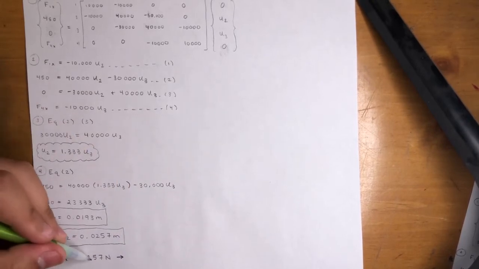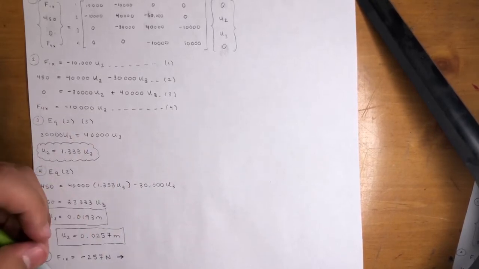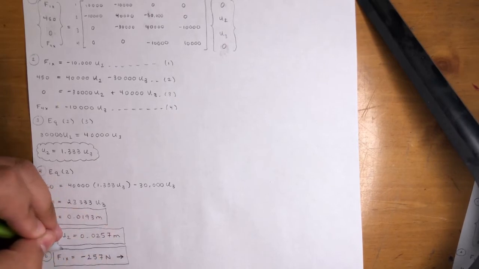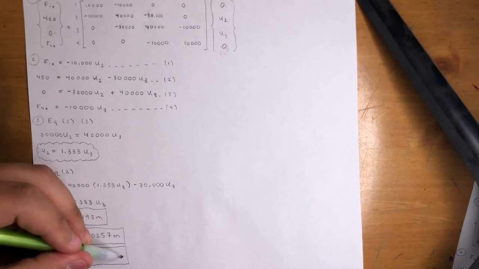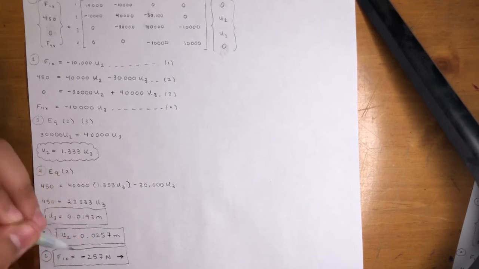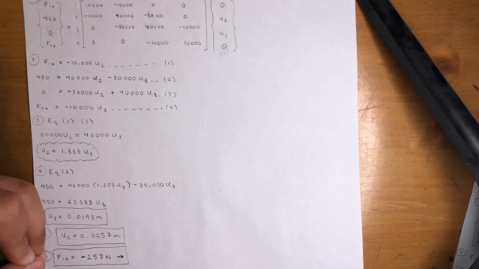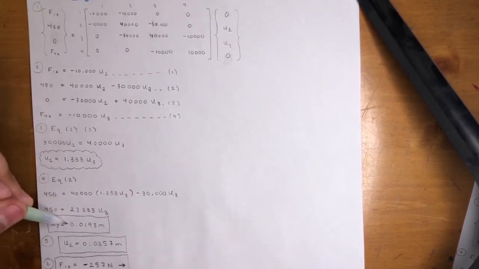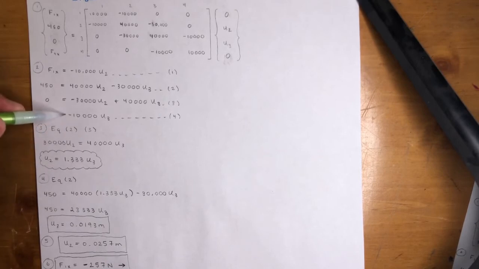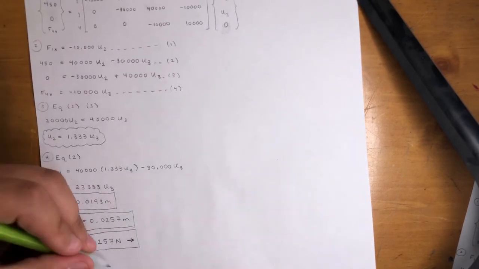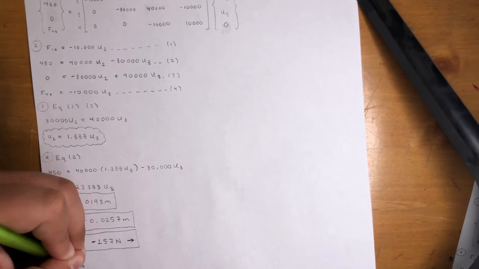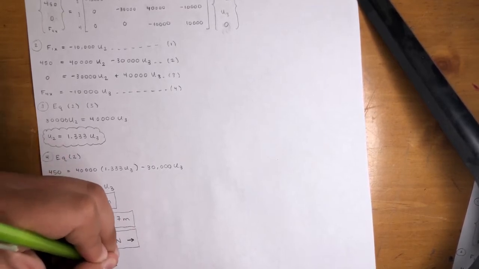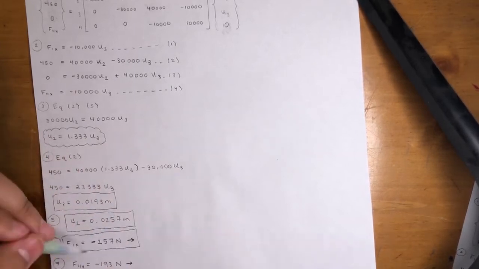That just means positive 257 going to the left, but I'll keep it like this for now. Again, it's always good to put the arrows, because if you don't know how to communicate this negative later, you're screwed. Now we can solve F4x, plug in u3 into this one right here, times negative 10,000. F4x is equal to negative 193 newtons going this way.